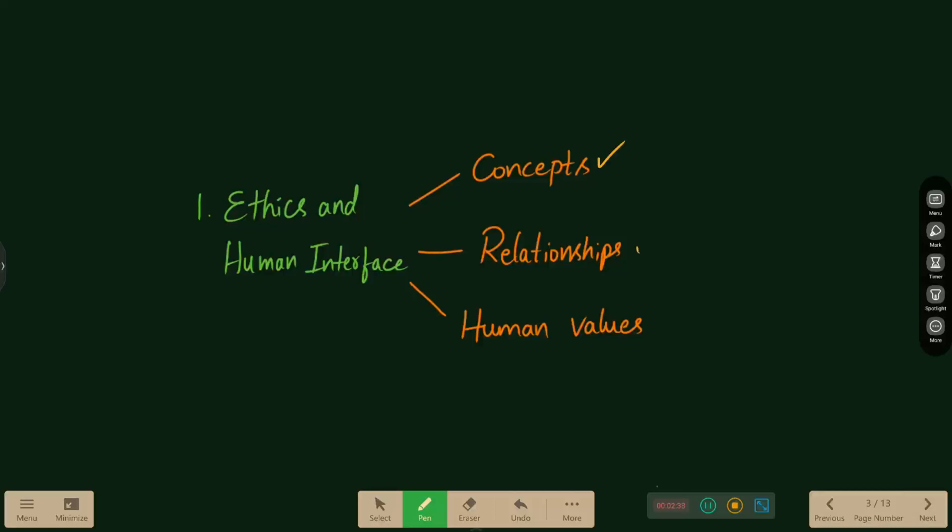Then second is relationships. In relationships, you need to know the role of ethics in public relations, the role of ethics in private relations, and how ethics helps you balance private and public life. Then moving to the next topic, that is human values.